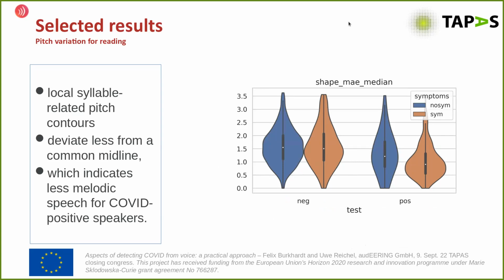And you see, we have symptoms here also, because I said we don't know if they have corona or a normal cold, but I think if you're tested negative, well, you can't be really sure, can you? But then you can have symptoms and not have the corona. So pitch variation for reading deviates less from a common midline, so less melodic speech. Again, I think we had that before.